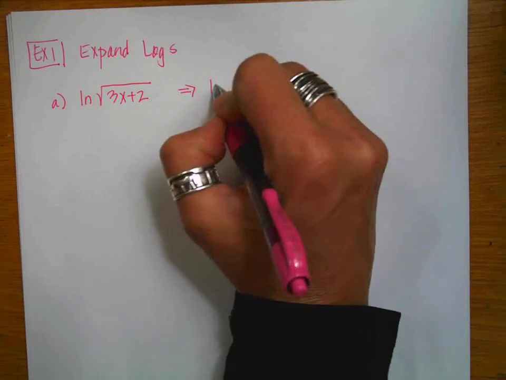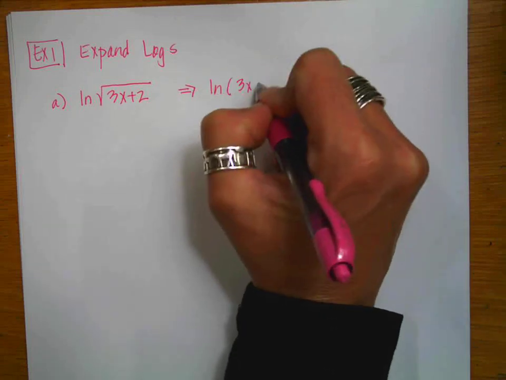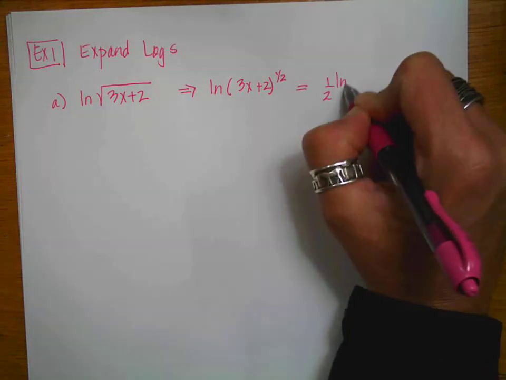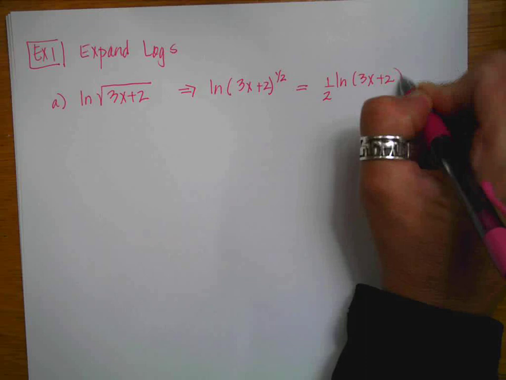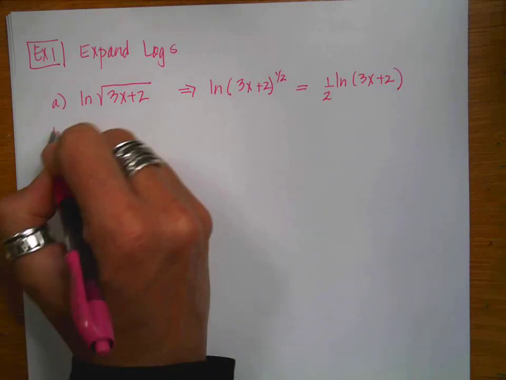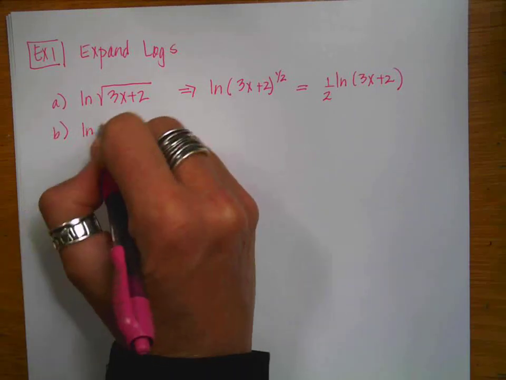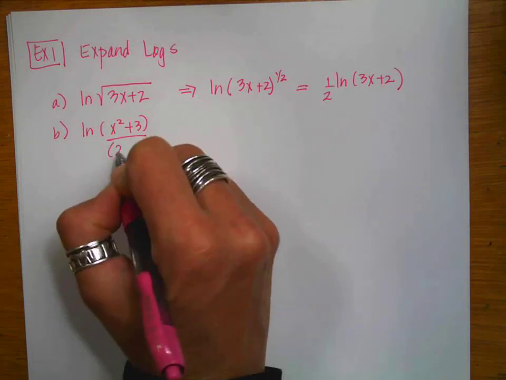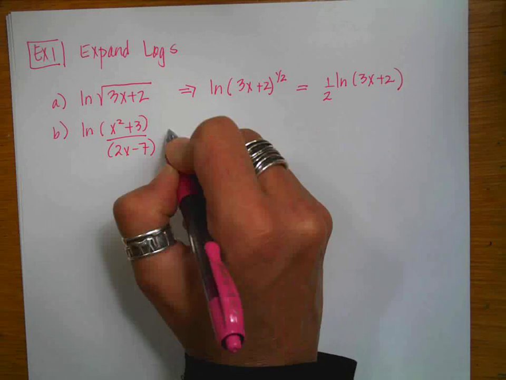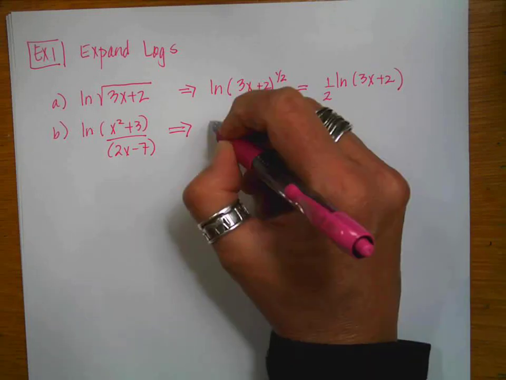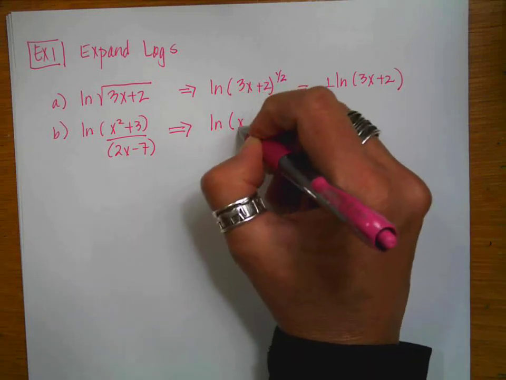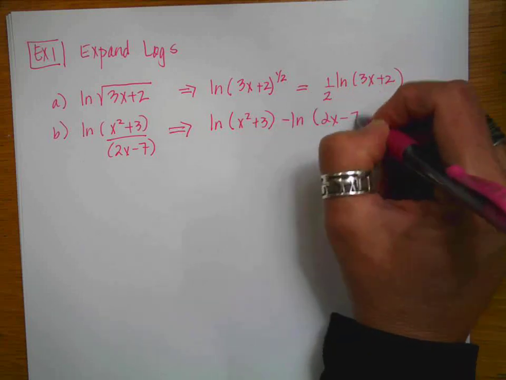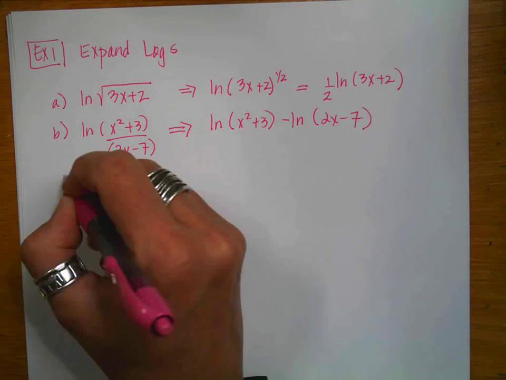When I expand that, I can write this as 3x plus 2 to the 1/2, and then this is going to be 1/2 natural log of 3x plus 2. The next one, what if I had the natural log of x squared plus 3 divided by 2x minus 7? Then this would be, using our properties of logarithms, the natural log of x squared plus 3 minus the natural log of 2x minus 7.